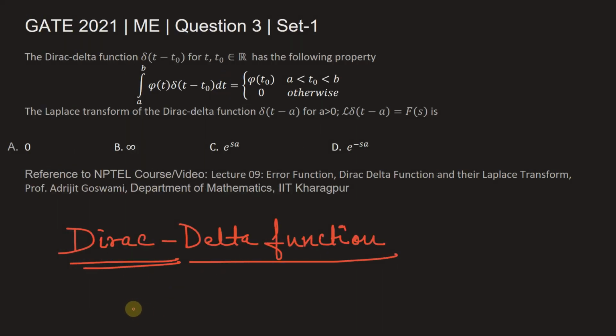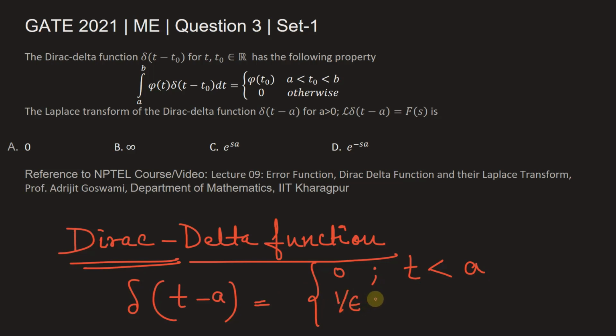Now this Dirac delta function is defined as delta(t minus a). This is equal to 0 when t is less than some value a, and its value is 1 upon epsilon when t belongs to a to a plus epsilon, where epsilon is a very small value.